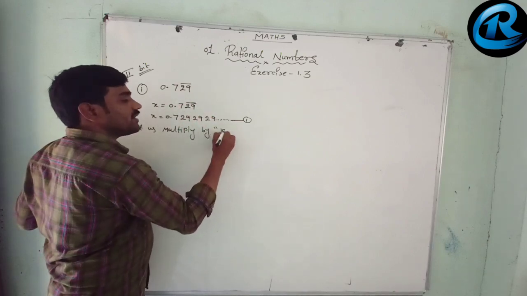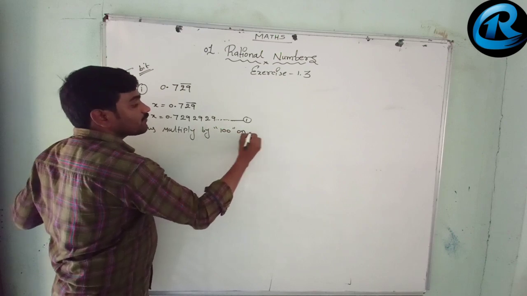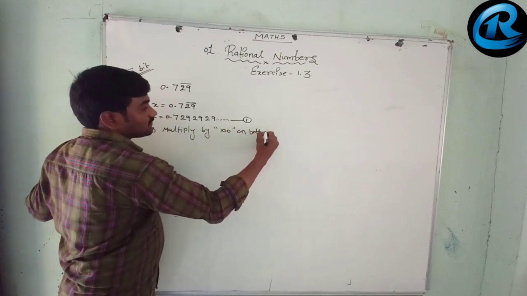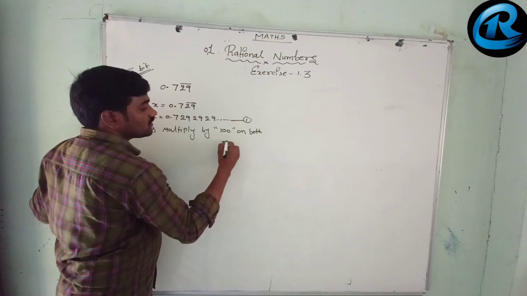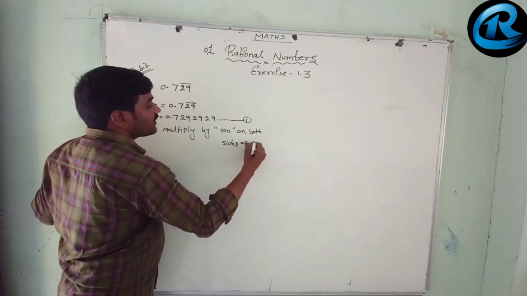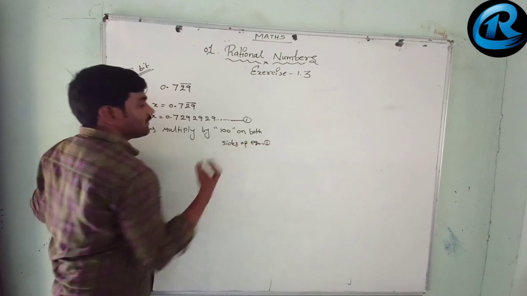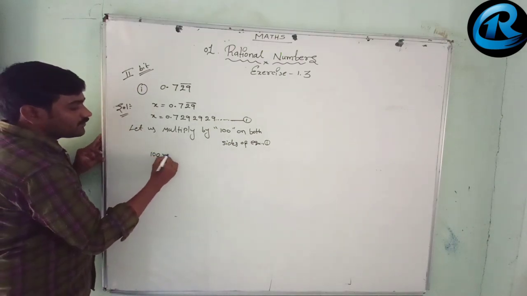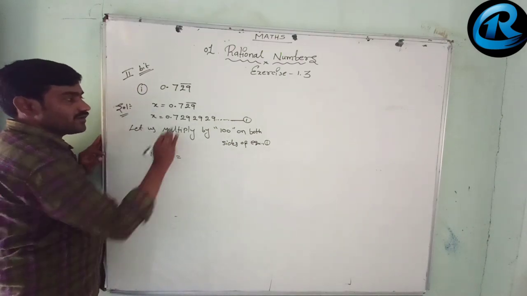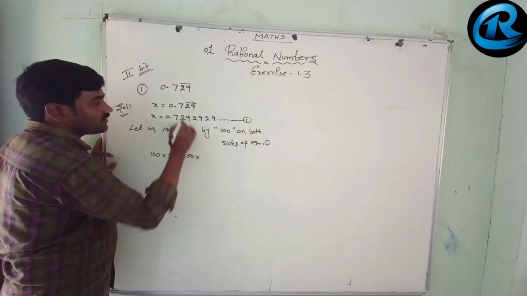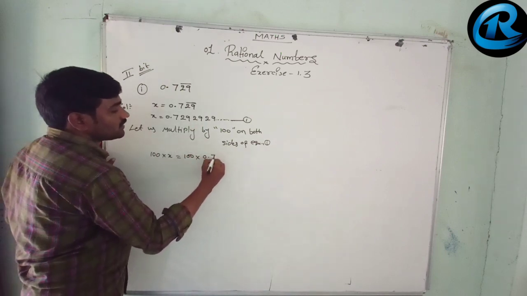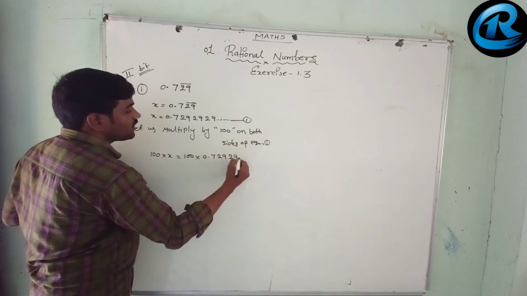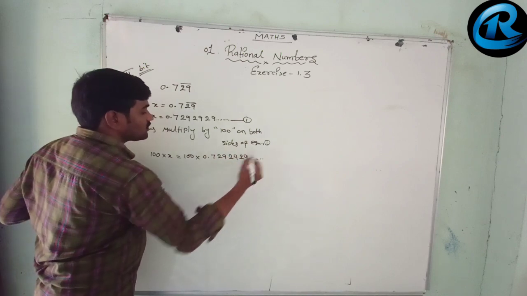So let us multiply by 100 on both sides of equation number 1. 100 into x on the LHS side, and on the RHS side 100 into the same 0.729 29 29 and so on.